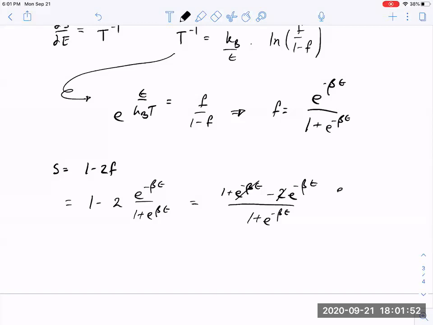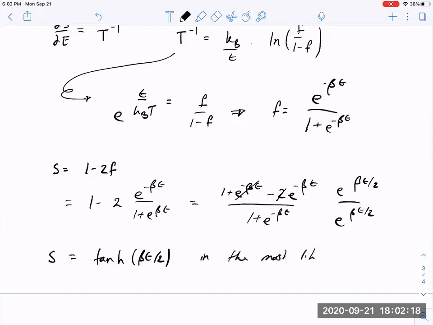If I multiply top and bottom by e to the beta epsilon over 2, that then gives me a difference and sum of exponentials with opposite signs in the arguments, which is then, again, just our hyperbolic tangent function. Nothing more than what we found before, albeit in a much more cumbersome calculation.